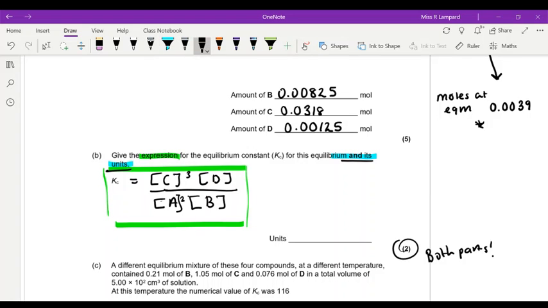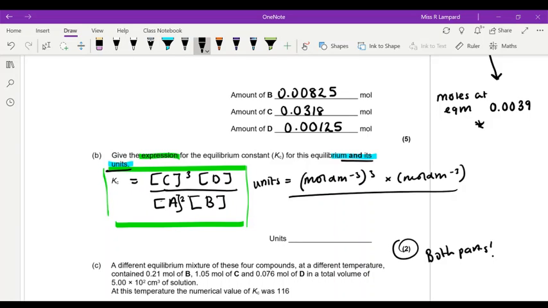So the units are equal to mole per decimeter cubed, power of 3, multiplied by mole per decimeter cubed over mole per decimeter cubed to the power of 2, multiplied by mole per decimeter cubed. And we know when we do this, we need to add the powers first.